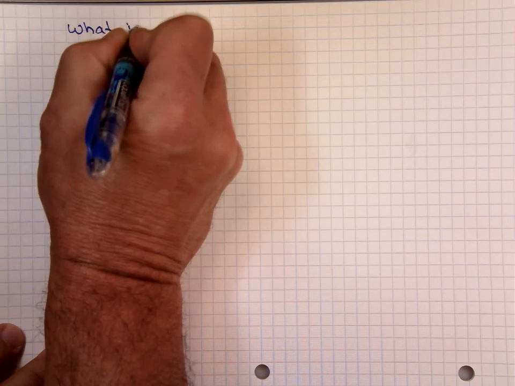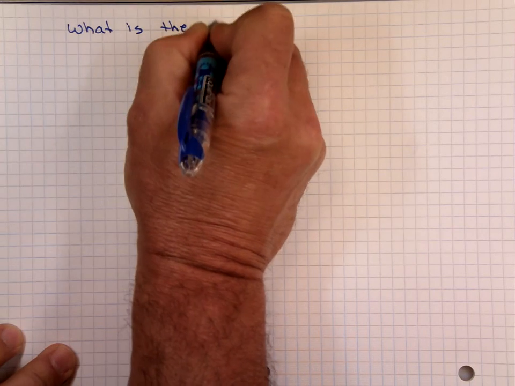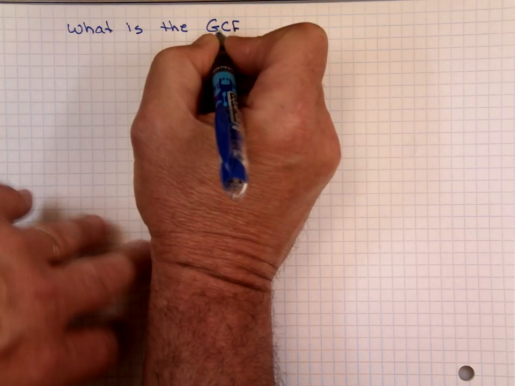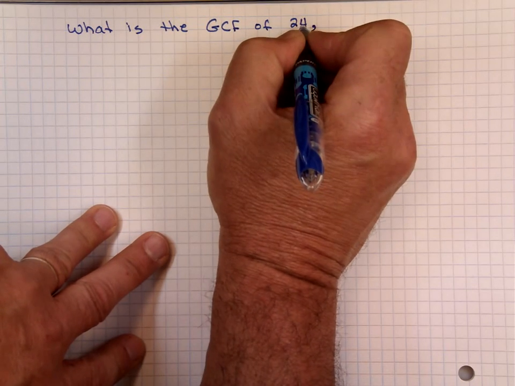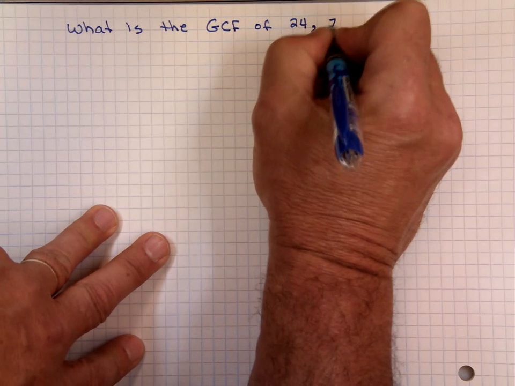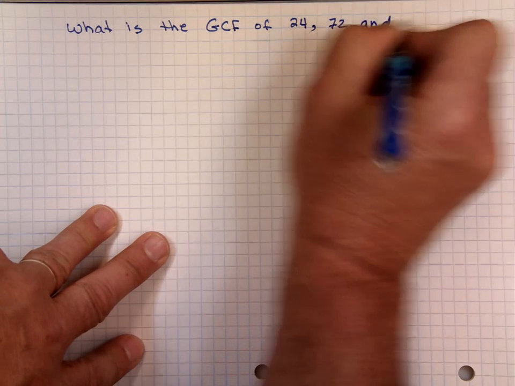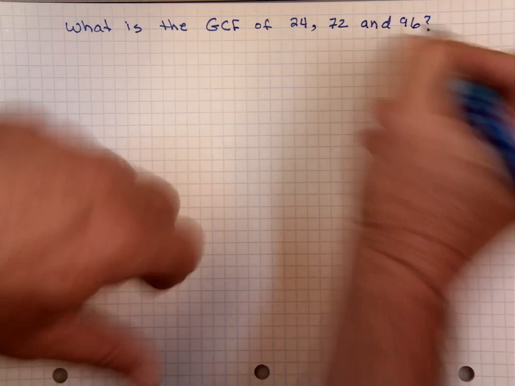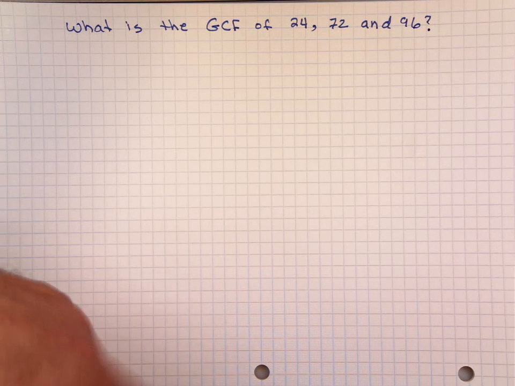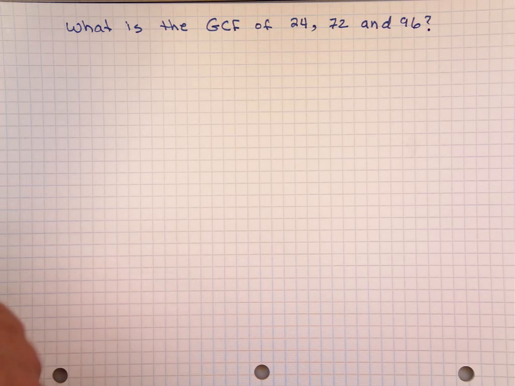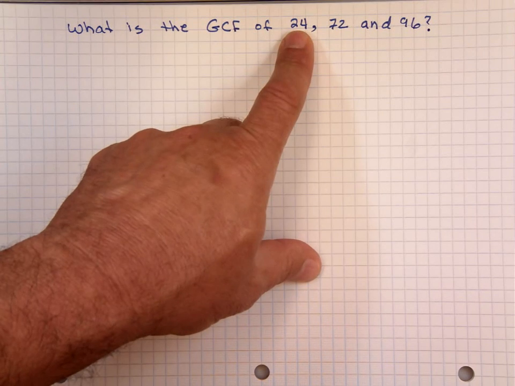What is the GCF, the greatest common factor, of 24, 72, and 96? And it's not as easy as the previous example. Probably the easiest thing is to go back to pre-algebra and rewrite each problem using prime factorizations.